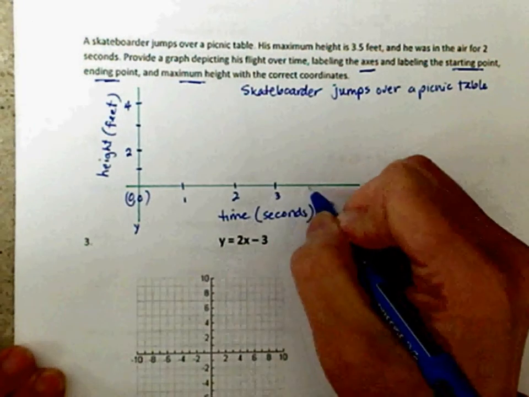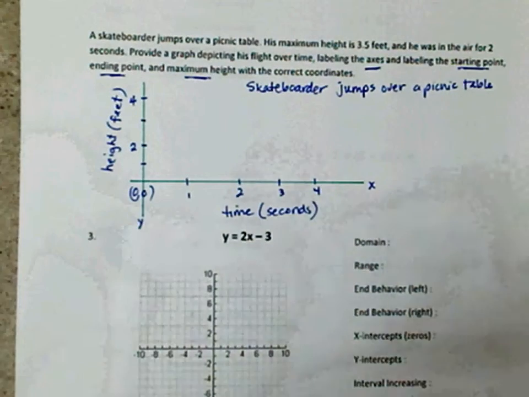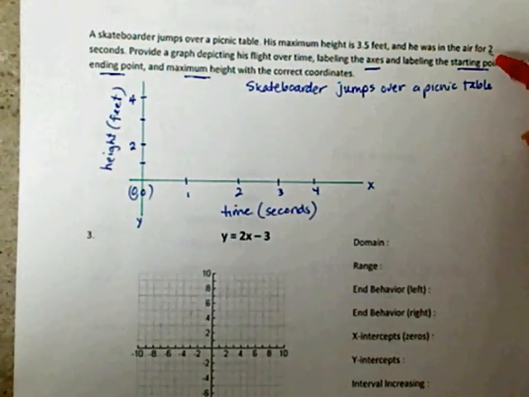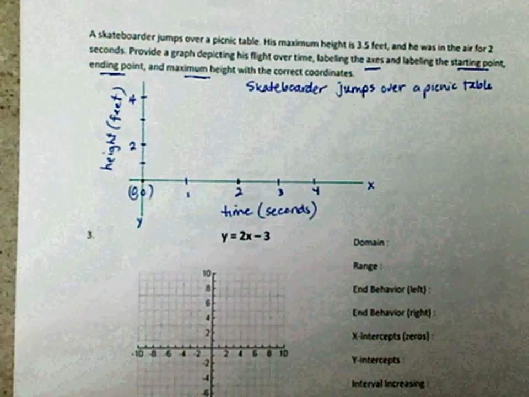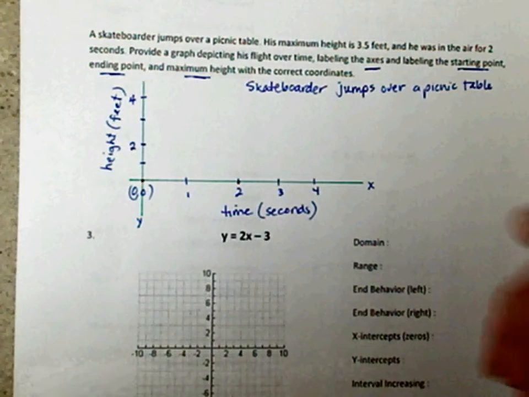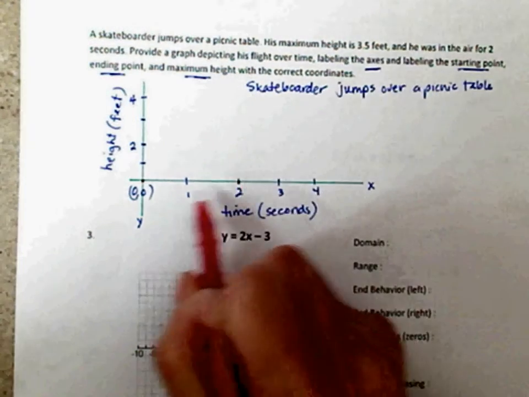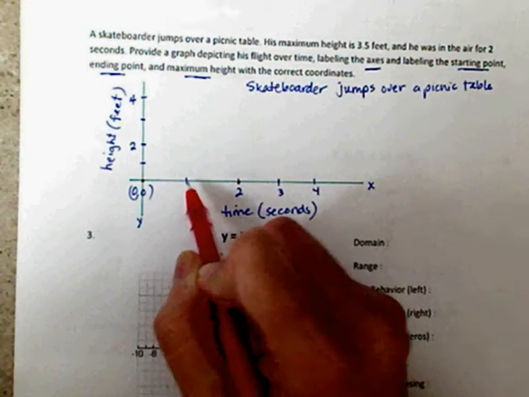And if you keep going, you can kind of see. It says he was in the air for 2 seconds. So he started from here to here in 2 seconds. His maximum height was 3.5. So that means halfway between 0 and 2, at 1 he's at 3.5.